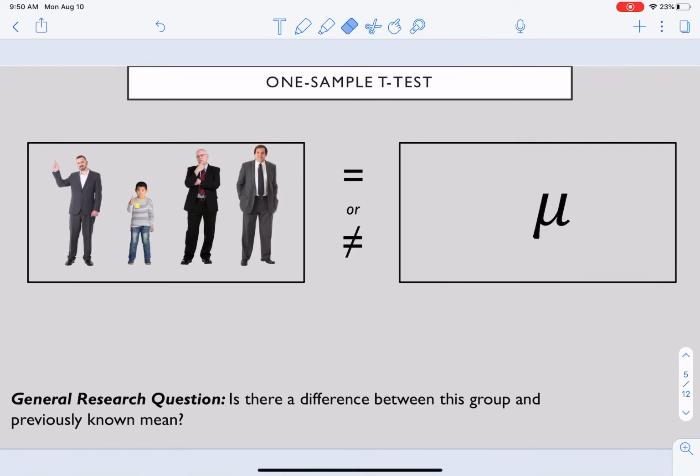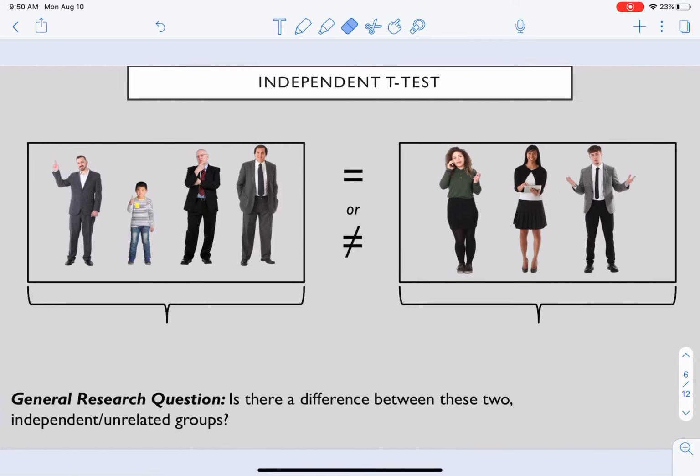All right. A two sample t-test, or an independent t-test, looks like this, where we have 2 different groups containing different people. So there's no duplicates here. Everybody is totally independent from the other.